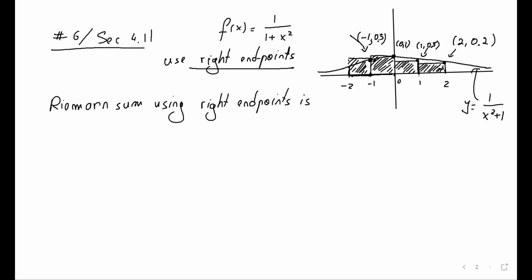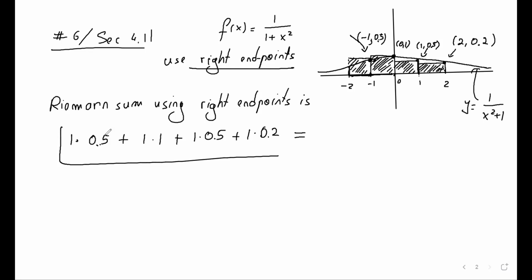Because the base is 1, I only have to say 1 times the height of the first rectangle, 0.5, plus 1 times 1, plus 1 times 0.5, plus 1 times 0.2.